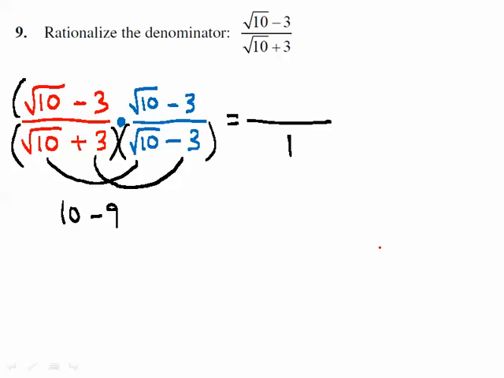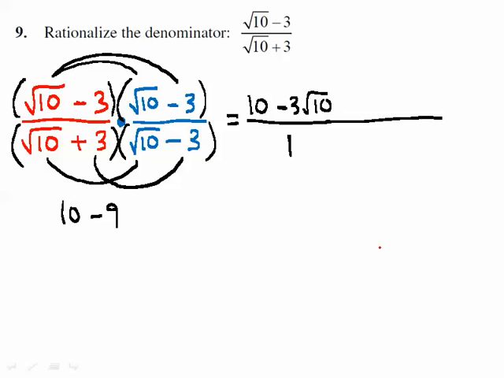On top, yes, we have to do all the FOIL. So multiply the first terms, which gets us 10. Outside terms get us a negative 3 root 10. And I have to extend this quotient bar way over here. First, outside, now inside: negative 3 times root 10 makes a negative 3 root 10.